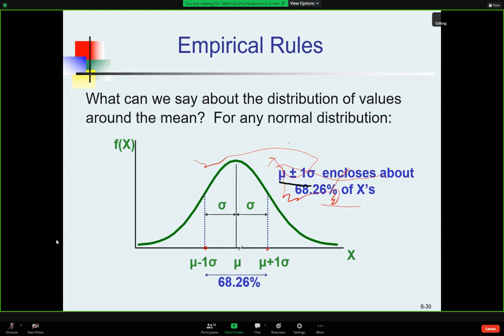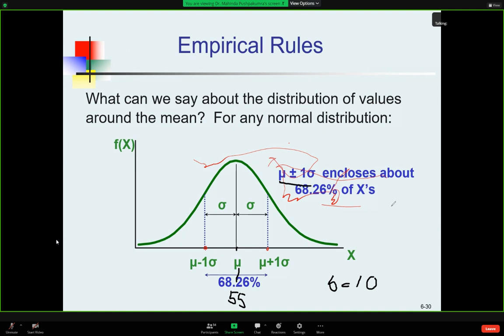Now let's take an example. Let's say the mean is 55, the average age is 55. Then let's assume the standard deviation is 10.